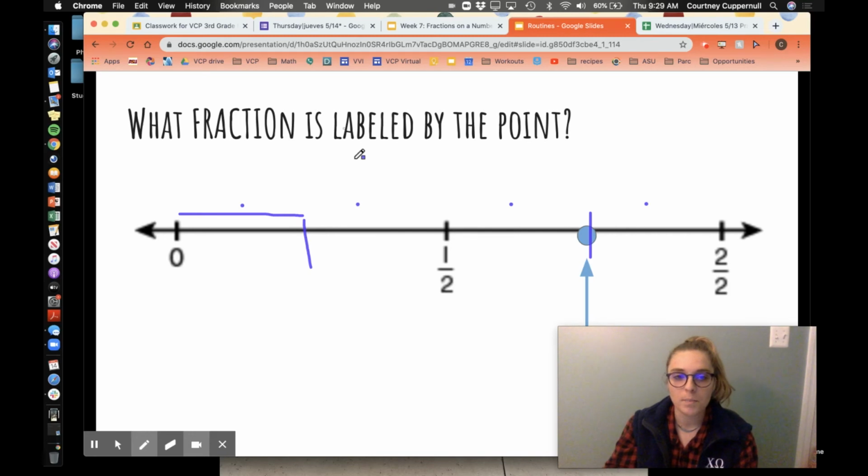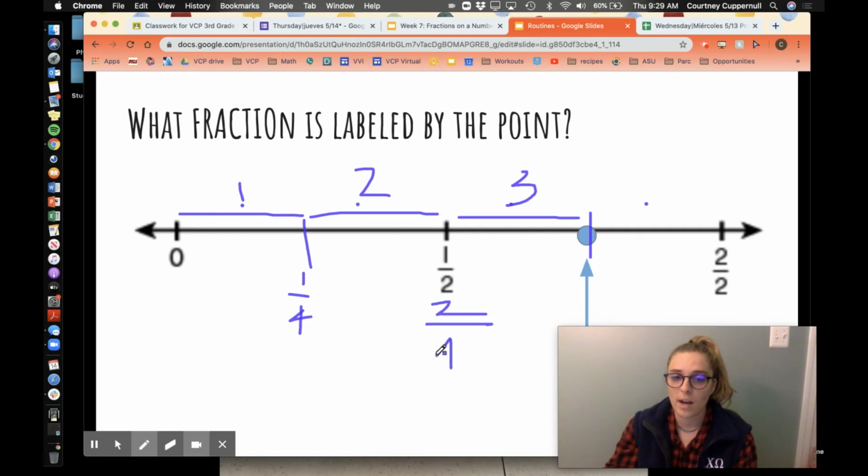We traveled 1 piece, 2 pieces, 3 pieces. And we also know that each of these pieces is called a fourth. So instead of saying 1 piece, I can say 1/4, 2/4, which we know is equivalent to 1/2, and 3/4.